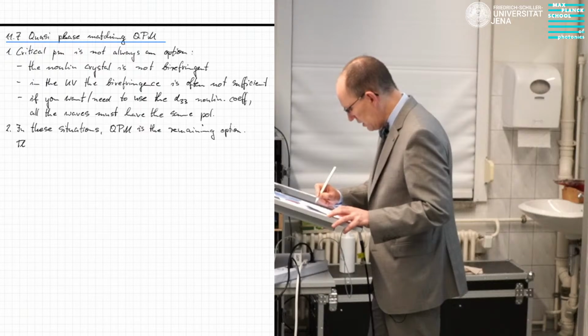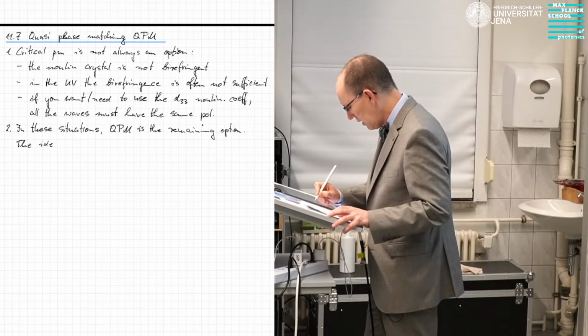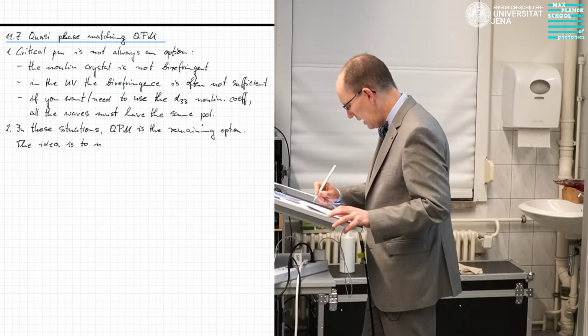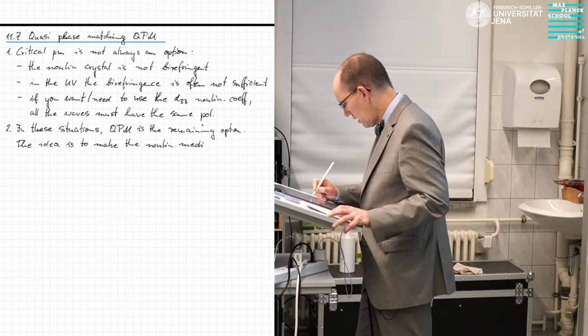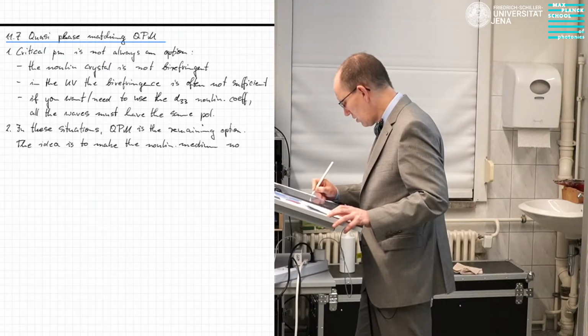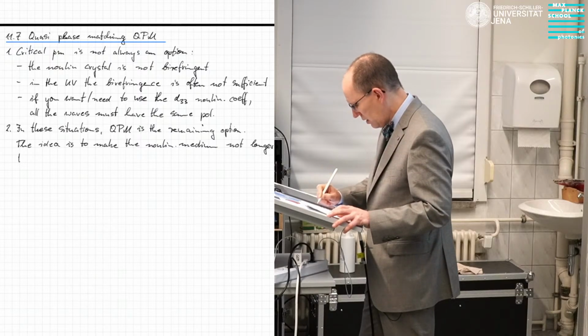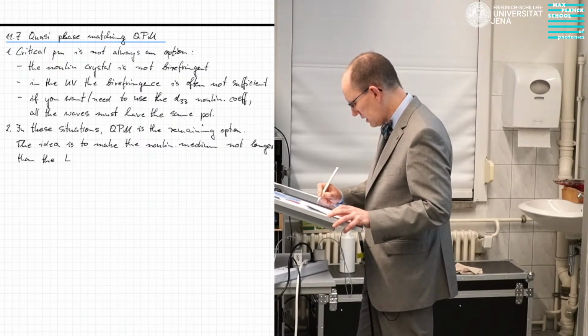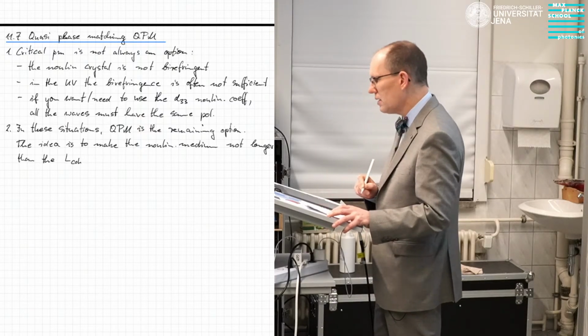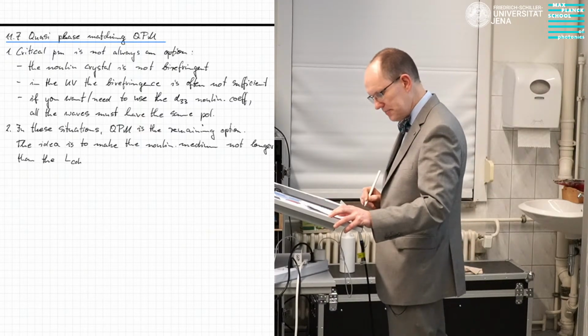So the idea is to make the nonlinear medium not longer than the coherence length, 2 divided by delta k.